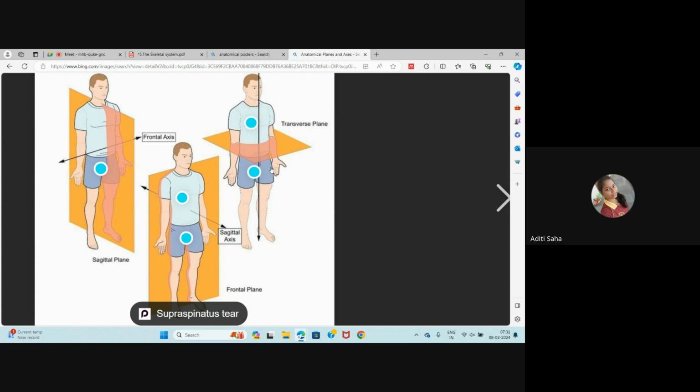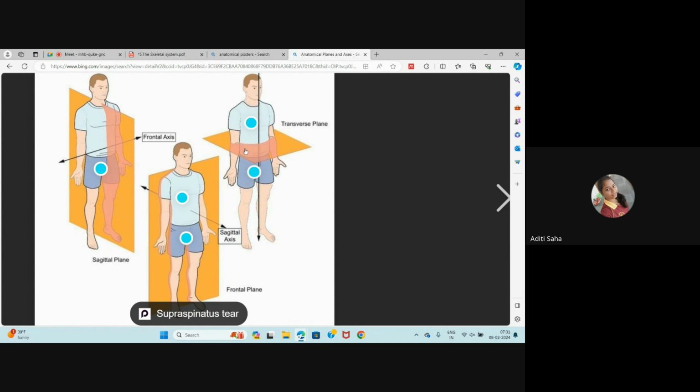Now, this plane is dividing the human body into superior and inferior, meaning upper body and lower body, equally. So this is known as the transverse plane. This may occur in any part of the body, dividing the body into upper and lower.